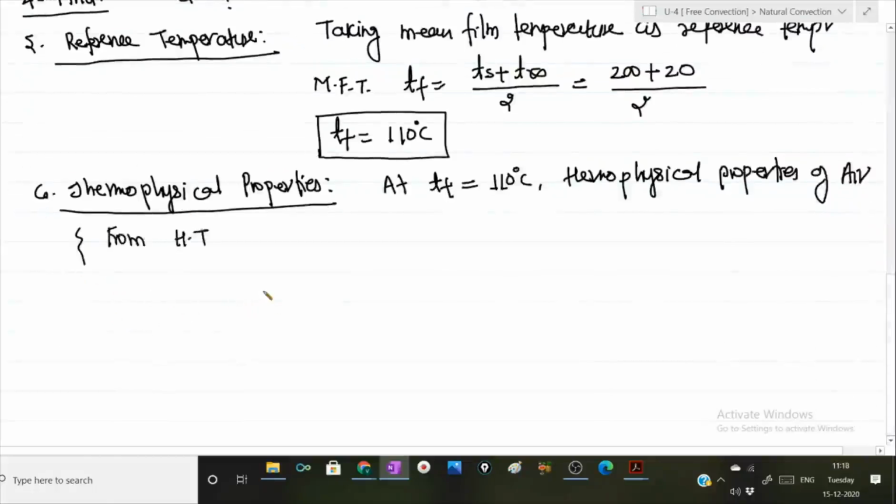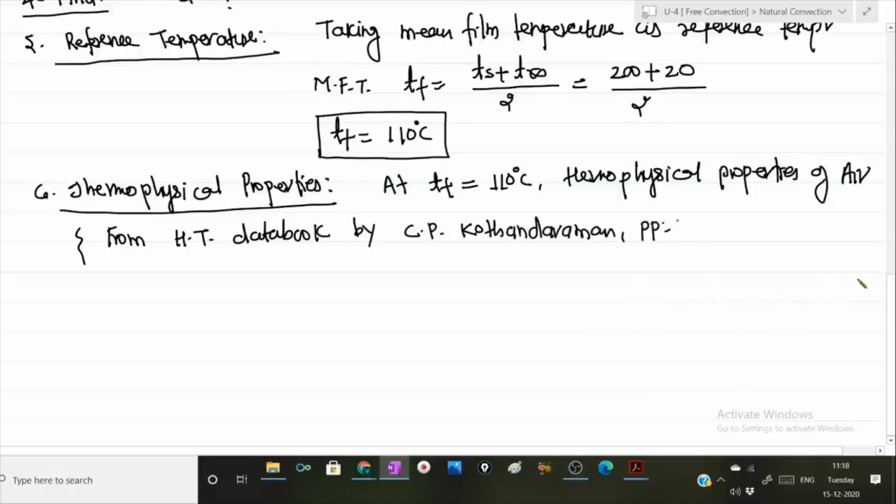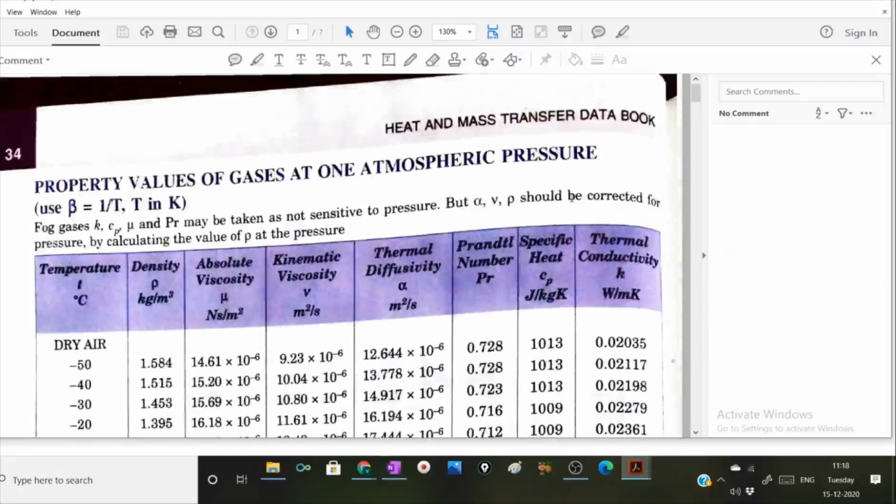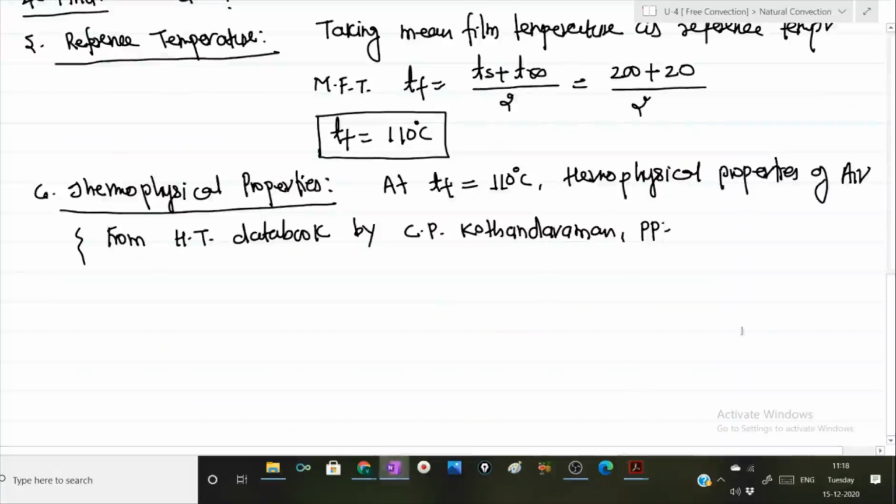So from heat transfer data book, by CP Kothandaraman, and the page number is 34. You can refer page number 34.